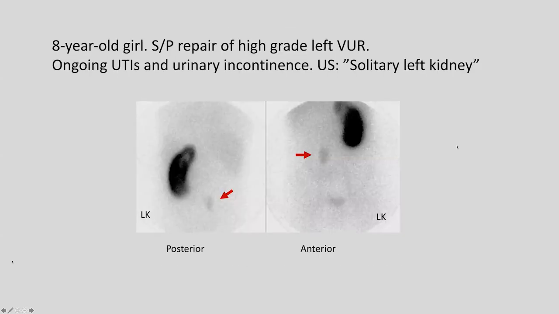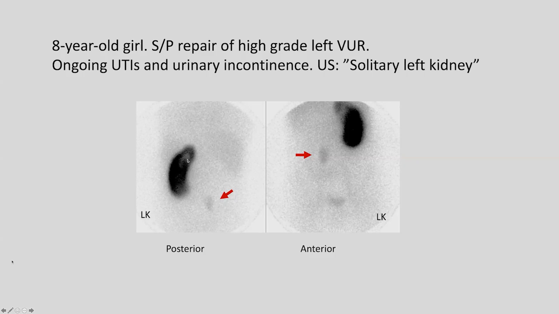One particular use of DMSA is to find a kidney that cannot be seen with other techniques. For example, this 80-year-old had ongoing urinary tract infections and urinary incontinence. However, the ultrasound examination showed a solitary left kidney here in the posterior projection.